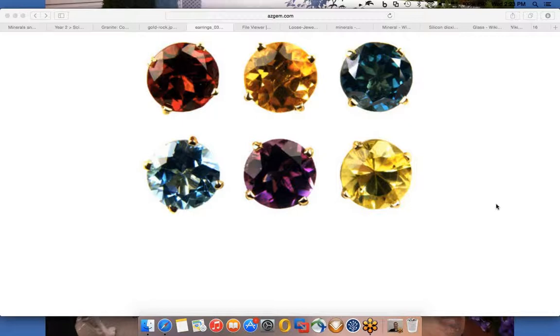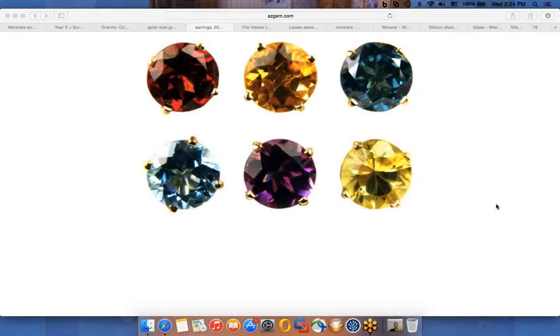Okay, so things have different colors because of the type of light that they reflect. All right, and so the atomic structure, the chemical composition of the mineral is what gives it the specific color.